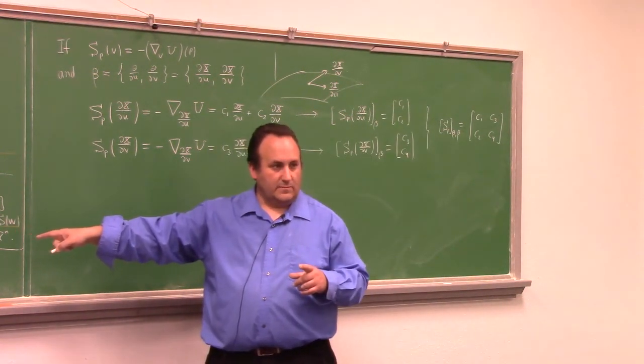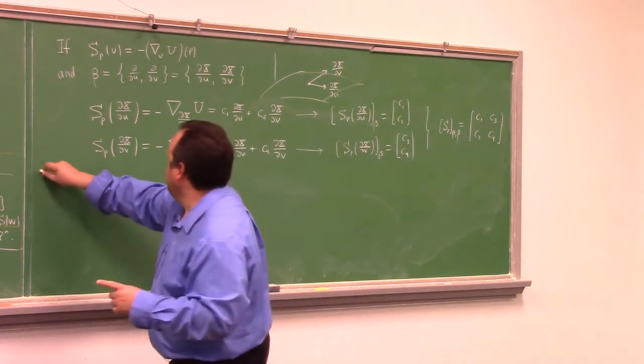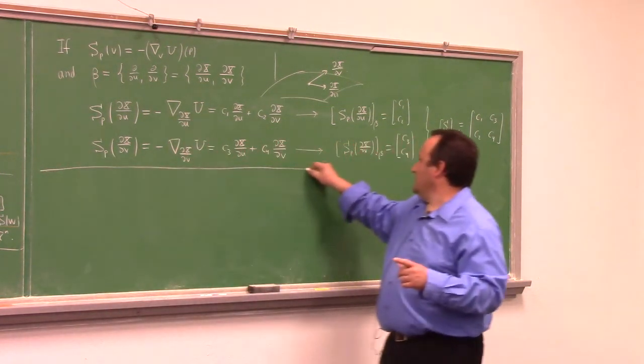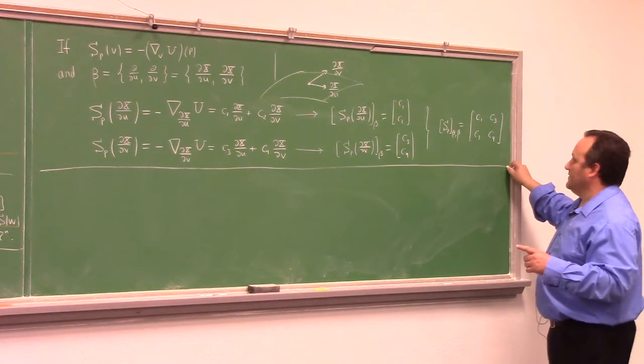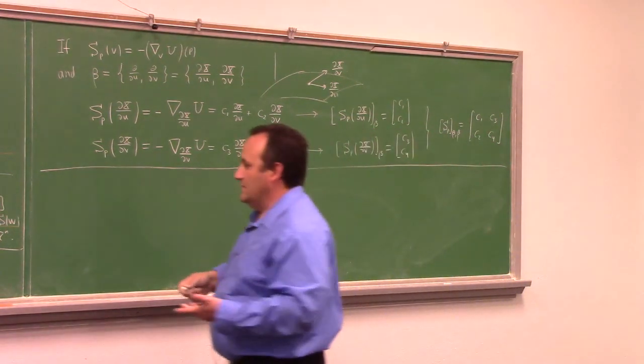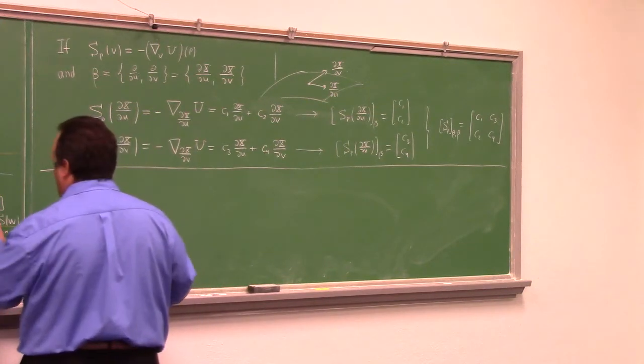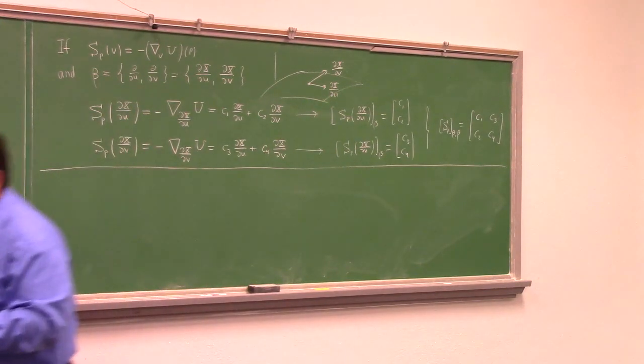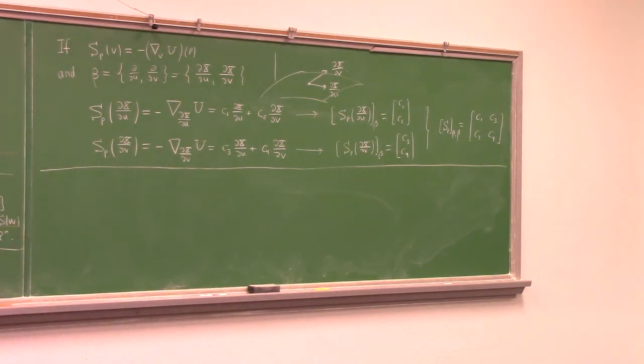So let me show you that. Even though I can't explicitly find this matrix and show you that it's symmetric directly, there's this sneaky runaround argument using this. Let me go through that argument right quick, because I want us to appreciate it.